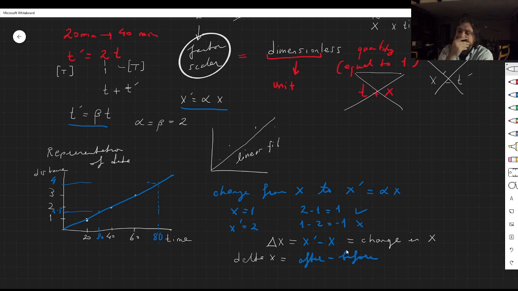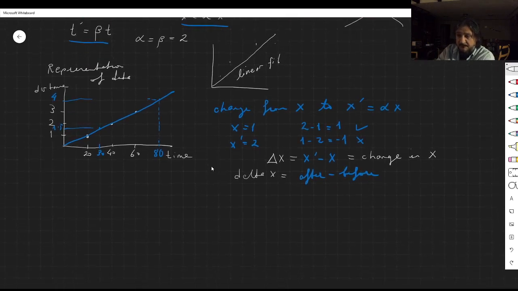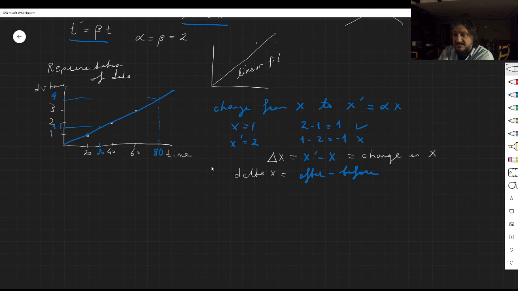Now, I can do it for any quantity. It doesn't have to be distance. It could be applied to any variable. If I'm going from t to t prime by scaling, this one is also equal to alpha. Remember, alpha and beta are the same.